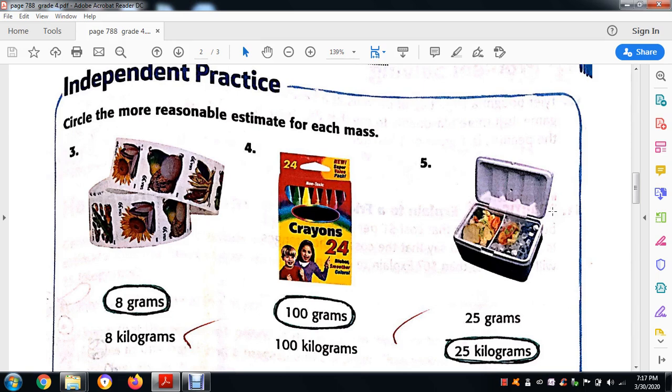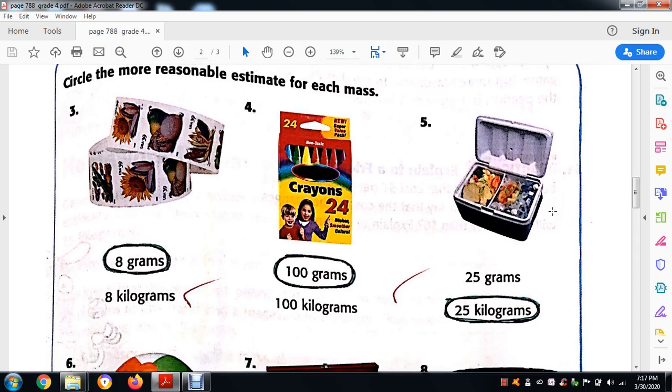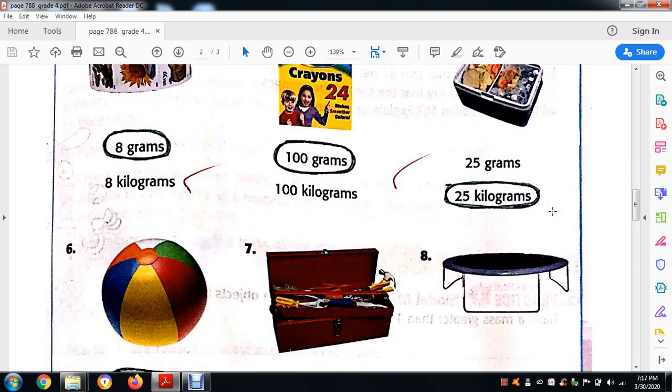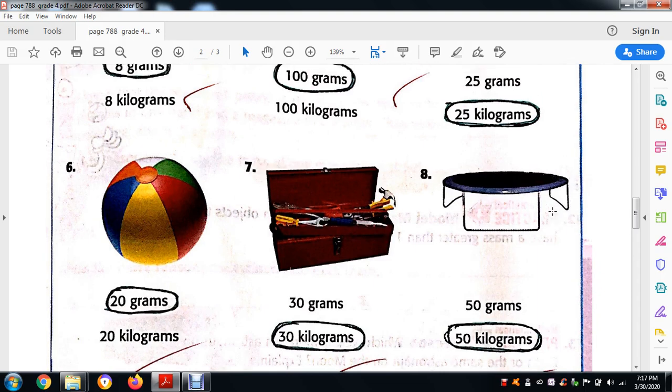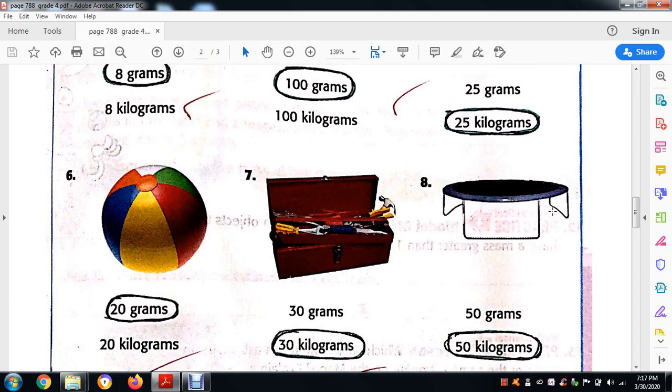It is a large box having a lot of things and water bottles. 25 kilograms is the best choice for this question number 5. In number 6, it is a ball. Two options are given, 20 grams, 20 kilograms. We will circle 20 grams.